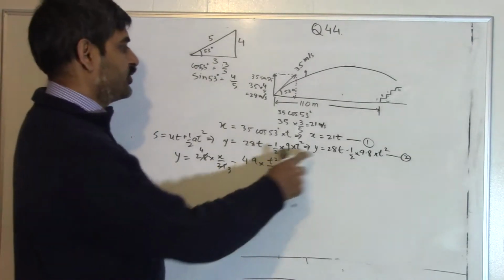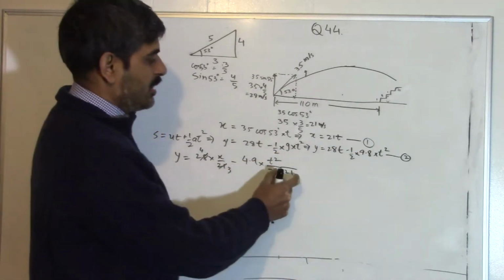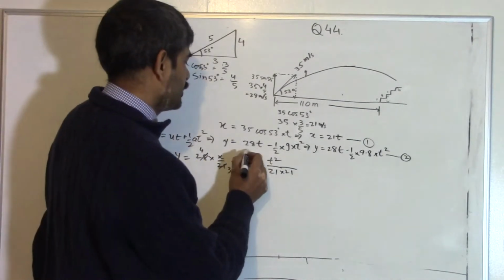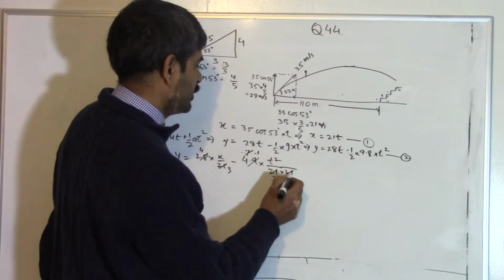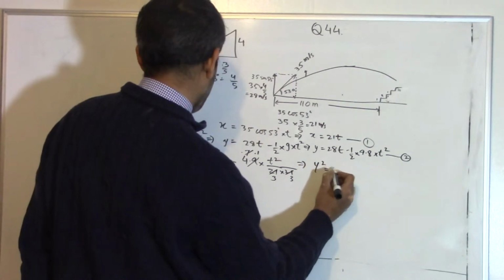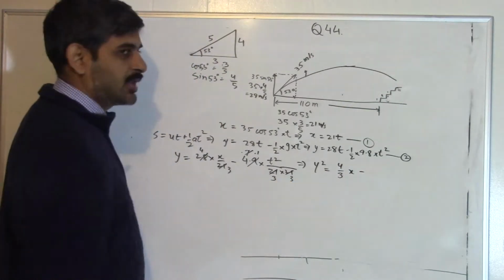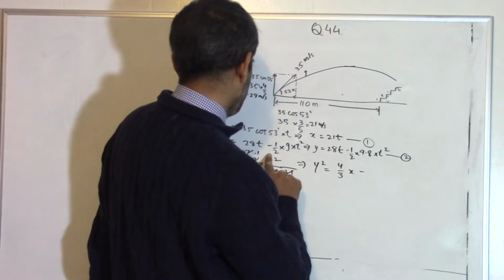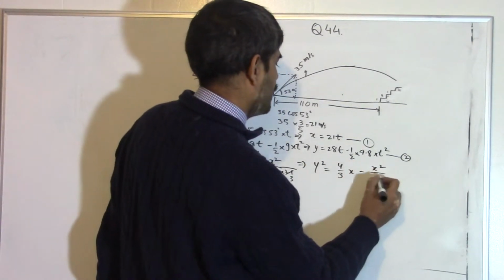If instead of 9.8 you take 10, then this will be an even more complicated quantity. So we write 0.7 becomes 3 here, 0.1 becomes 3 here. So the whole equation becomes y is equal to 4 by 3 x minus 3 into 3 is 9, and 0.1 goes down, this is x square divided by 90.